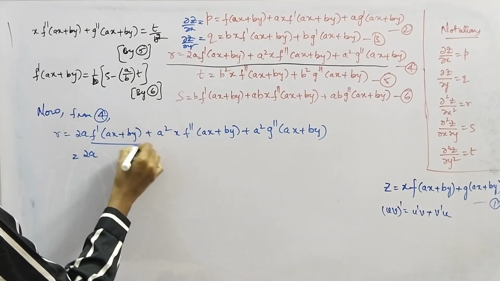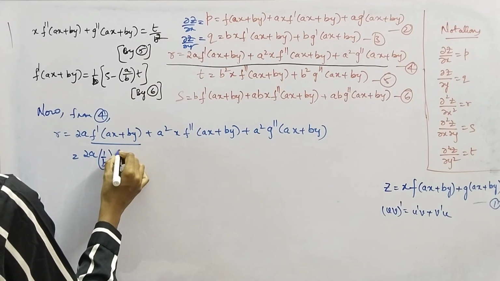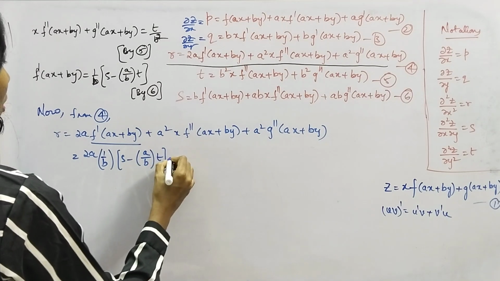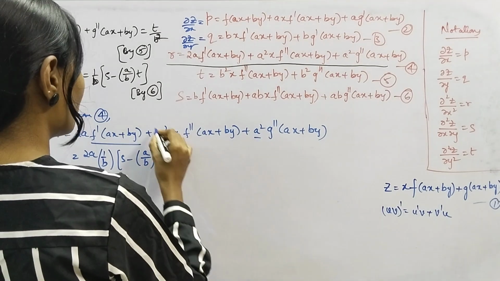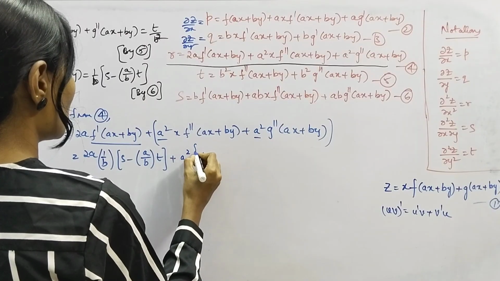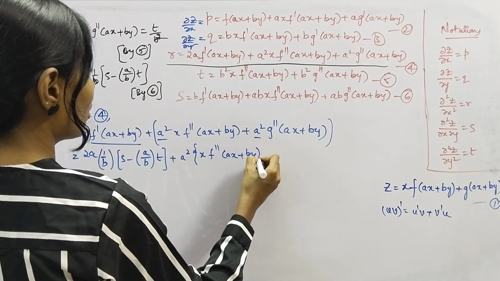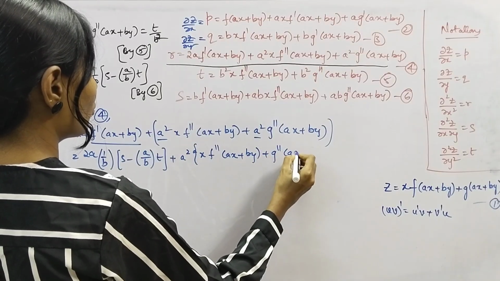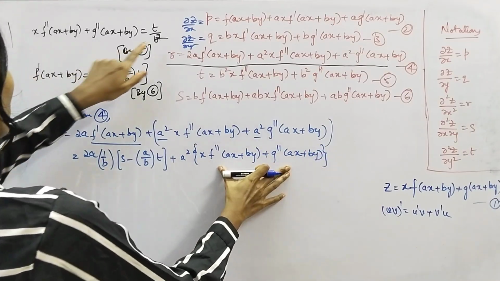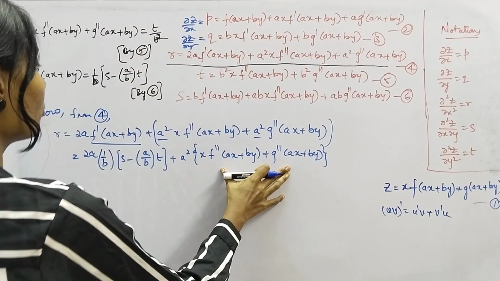Just substitute the values of f dash of ax plus by, which is 1 by b into s minus a by b into t, plus take a square common from these two terms. We will get a square times x into f double dash of ax plus by plus g double dash of ax plus by. See, this can be replaced by t by b square, which we got using equation 5, right?